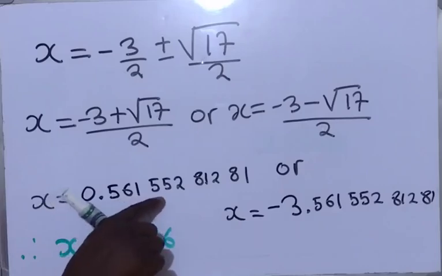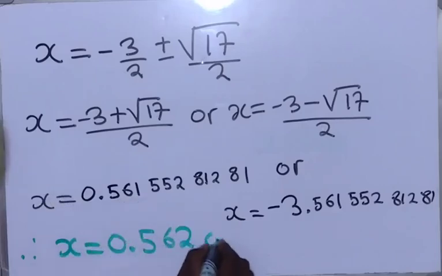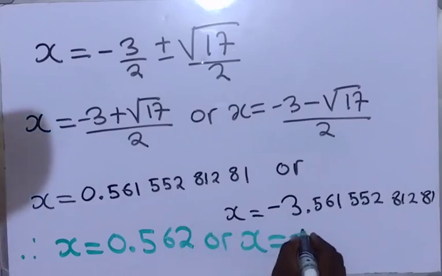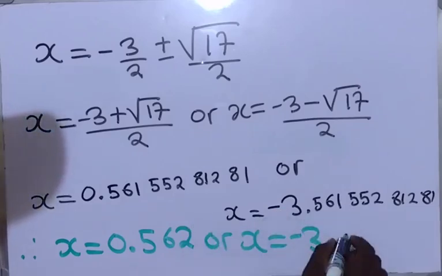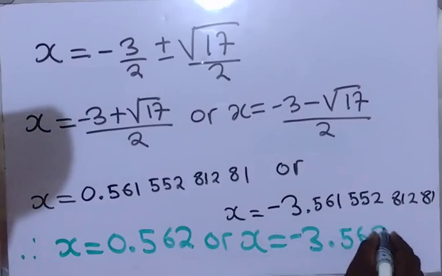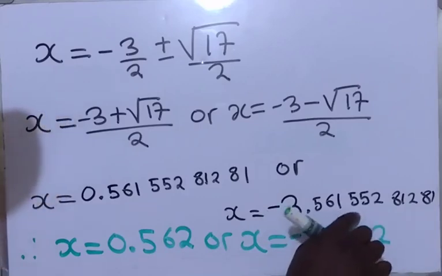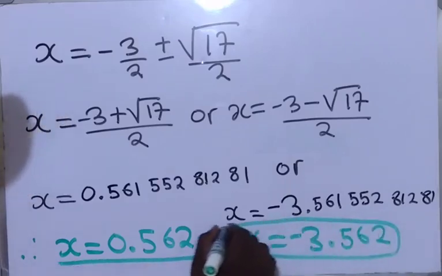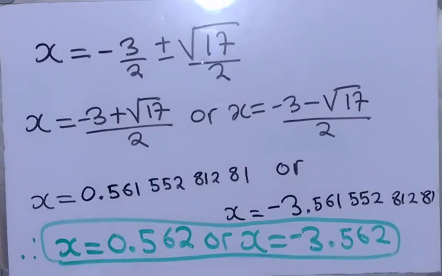This one will be rounded up by this 5, so it will be a 2. Or x equal to negative 3.562. Again, even this one will be rounded up by the 5. So these were the solutions.